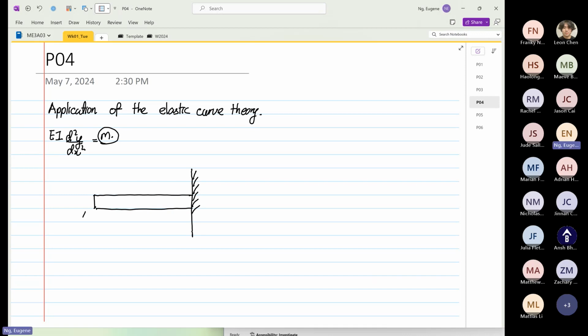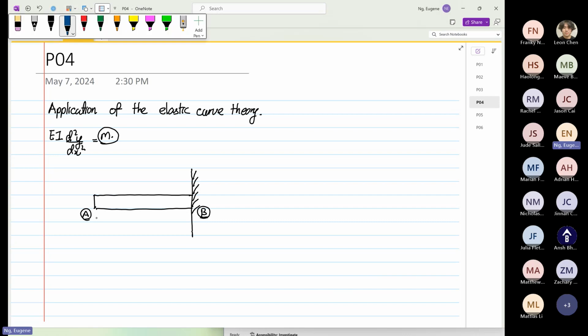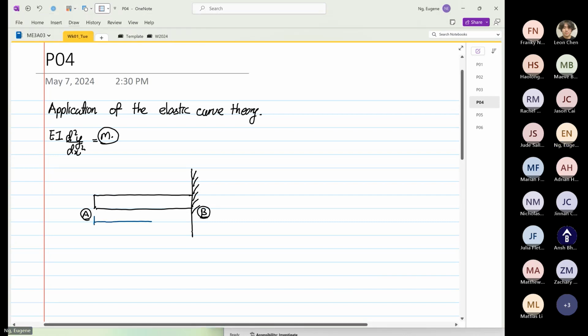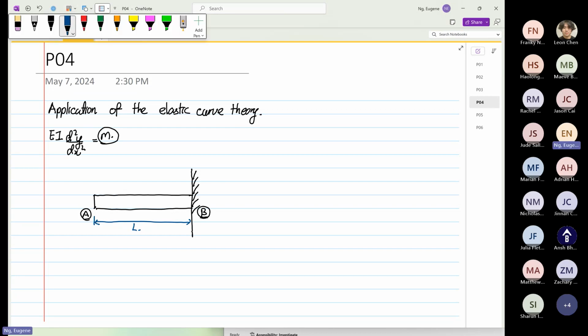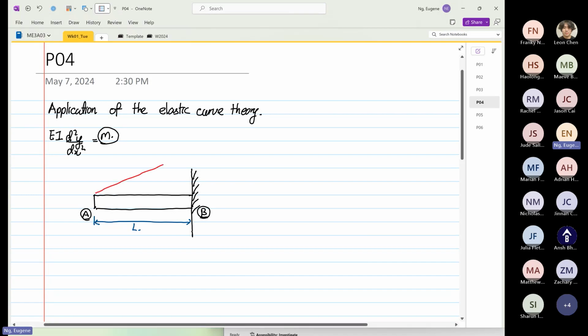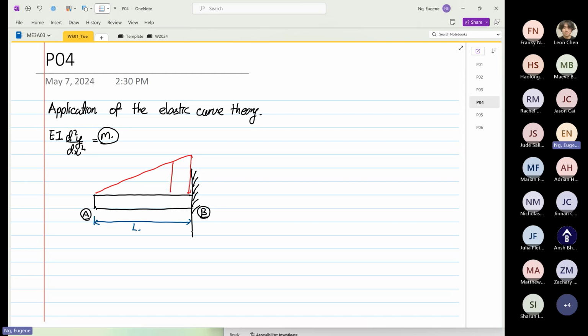At one end, this is our point A. This is our point B. And then we have a certain distance from here to here, known as L. This structure is under a gradient distributed load.